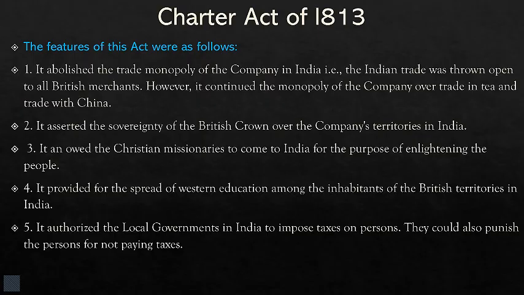So there is a shop in the village, and that person is charging 15 rupees for one piece, but the real price is only 10 rupees, because he has a trade monopoly. No one else in the village has a shop.